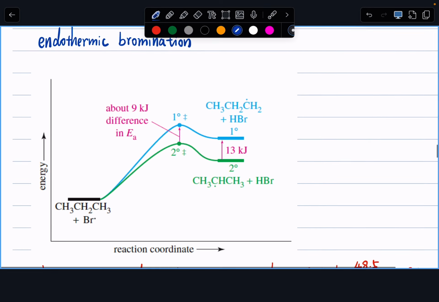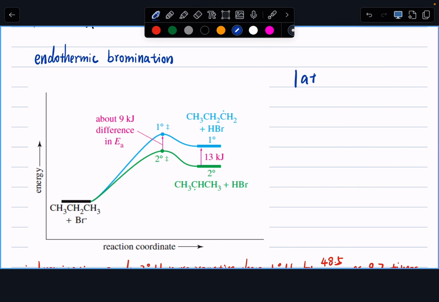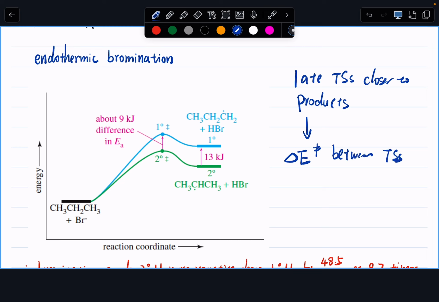Or if we put it in writing, we're saying the late transition states are closer to product, and hence the delta E double dagger, the delta E between the transition states, is similar to delta E between products.